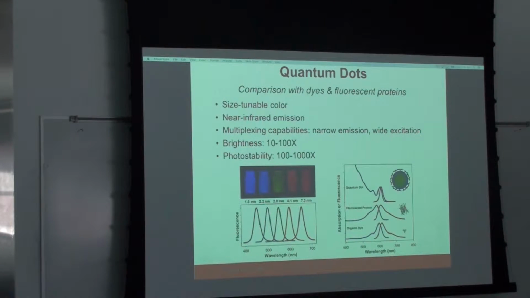So there's two other types of fluorescent molecules out there that are really commonly used. One is an organic dye. And these are things like fluorescein, like cyanine dyes, rhodamine dyes. And if you work in a lab that uses microscopy, you probably use some of these.